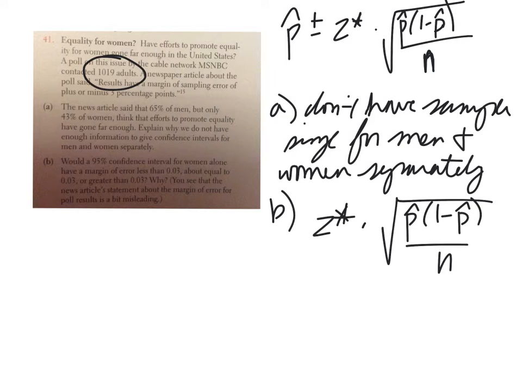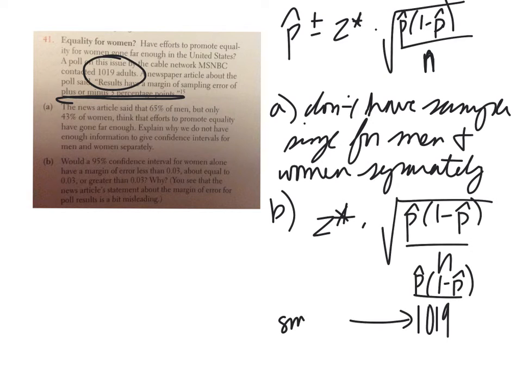And the newspaper article up here said that it was plus or minus 3 percentage points, but that was when the sample size was 1019. So the thing is, for women alone, their sample size is going to be smaller.